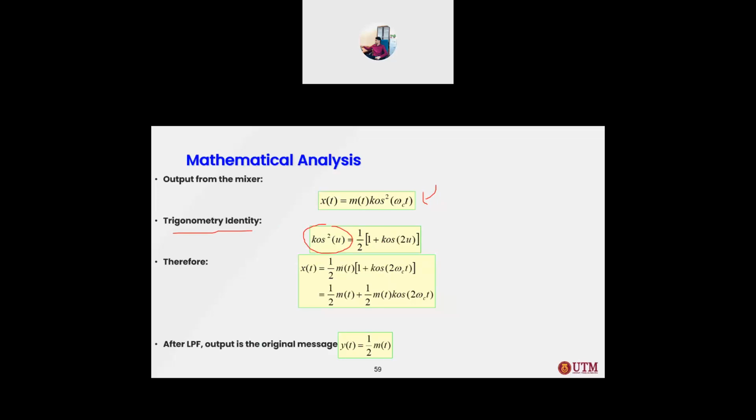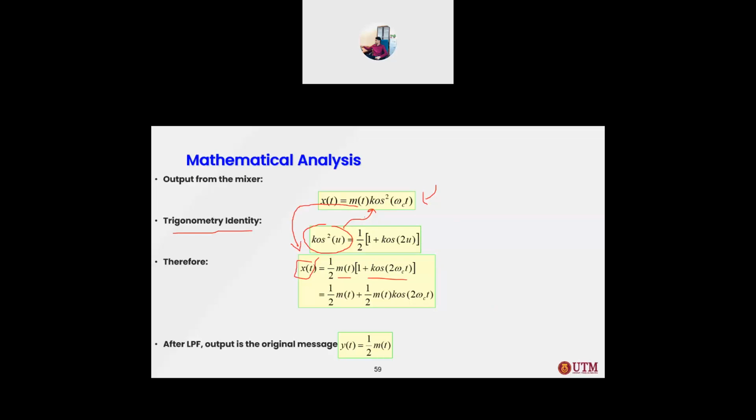So x(t), then you expand further. For example, you have m(t), you can take it out, then you have 1 plus cos 2 omega ct. So x(t) is m(t) cos square omega ct.